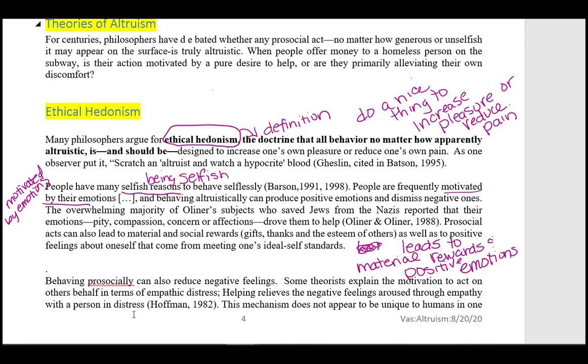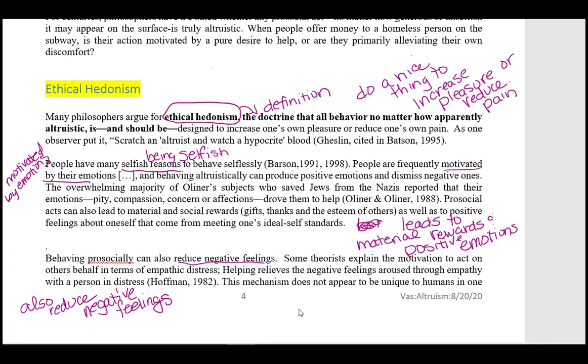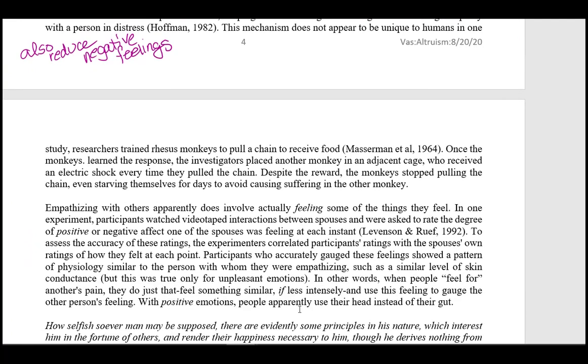"Behaving pro-socially can also reduce negative feelings." So again, this is another one. So it can also reduce negative feelings. "Some theorists explain that motivation to act on others' behalf in terms of empathetic distress, helping relieve the negative feelings aroused through empathy with a person in distress. This mechanism does not appear to be unique to humans. In one study, researchers trained monkeys to pull on a chain to receive food.